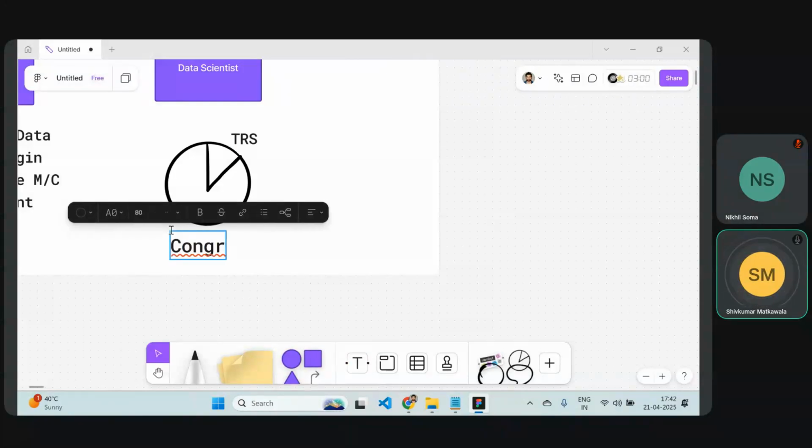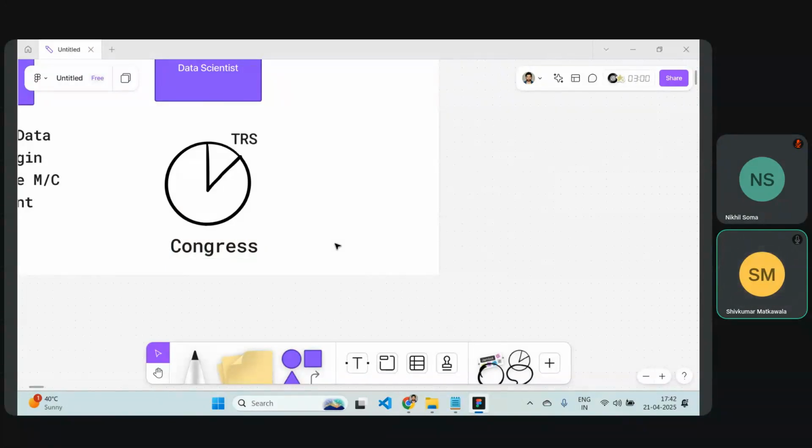So definitely, from the graph, you will understand Congress has got more seats than TRS. You can be getting it through graphs, or you might be getting it through bar charts.